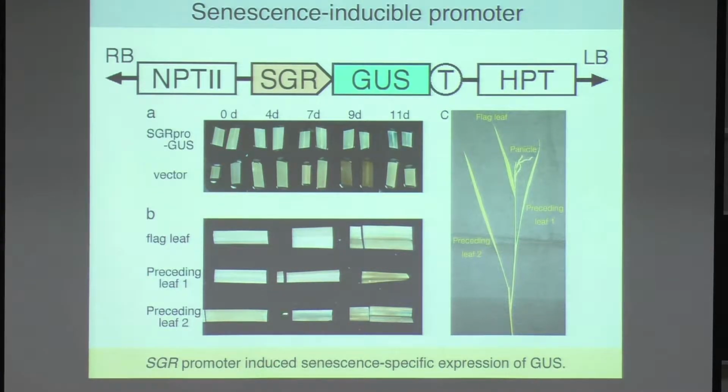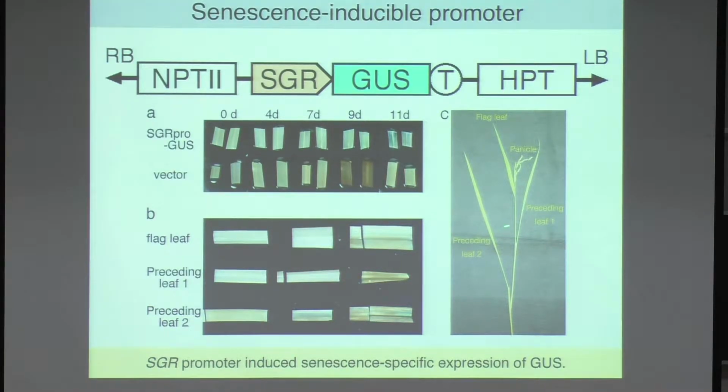And this is natural senescence. We used 3 leaves: the flag leaf and preceding leaves 1 and 2. This shows the position of these leaves. Here is the panicle, and this is the flag leaf. This is preceding leaf 1, and then leaf 2. Among these 3 leaves, the flag leaf is the youngest, and preceding leaf 2 is the oldest.